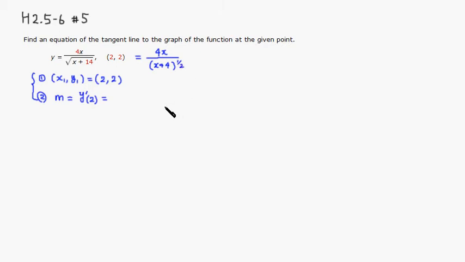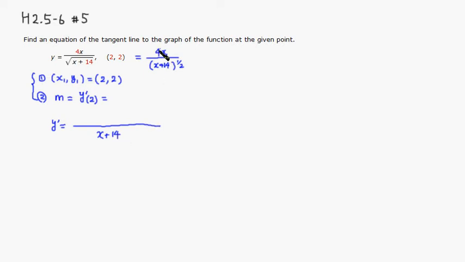Let's take the derivative. y prime is going to be equal to, using the quotient rule, the square of the bottom, so x plus 14.